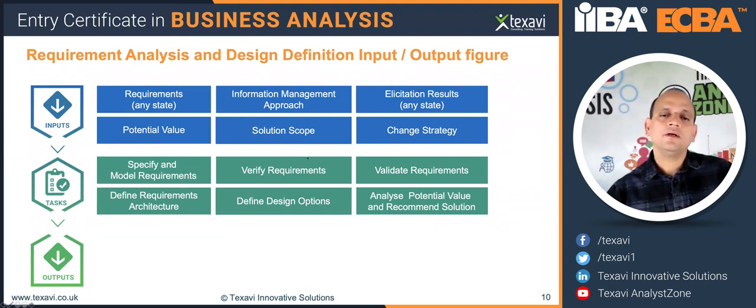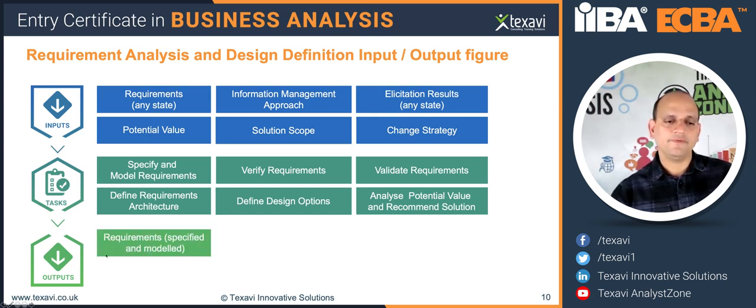So we're going to go through each one of these in detail within this particular module, and then you can understand the specifics in terms of the tasks, the stakeholders, and the techniques that we use within each of them.